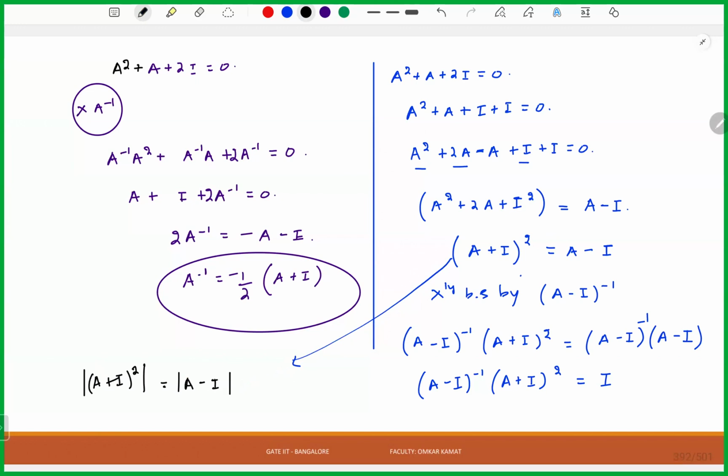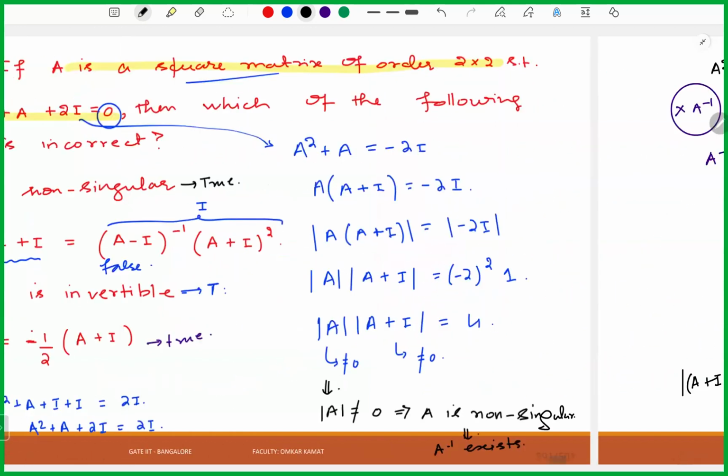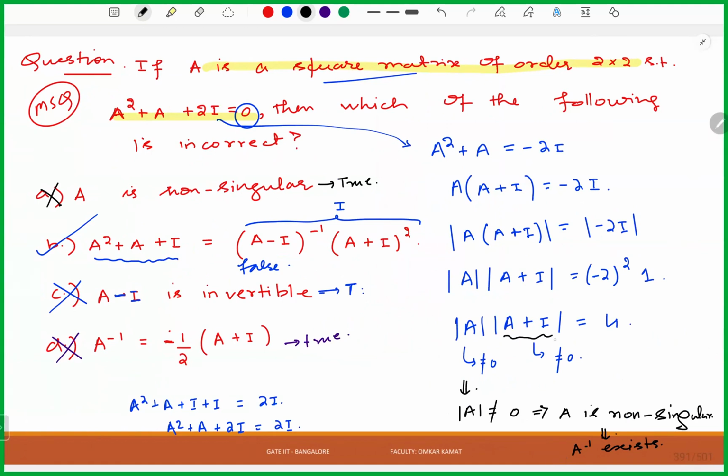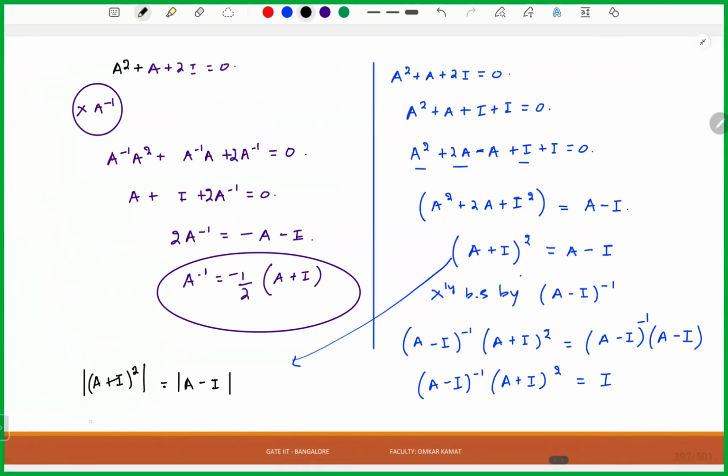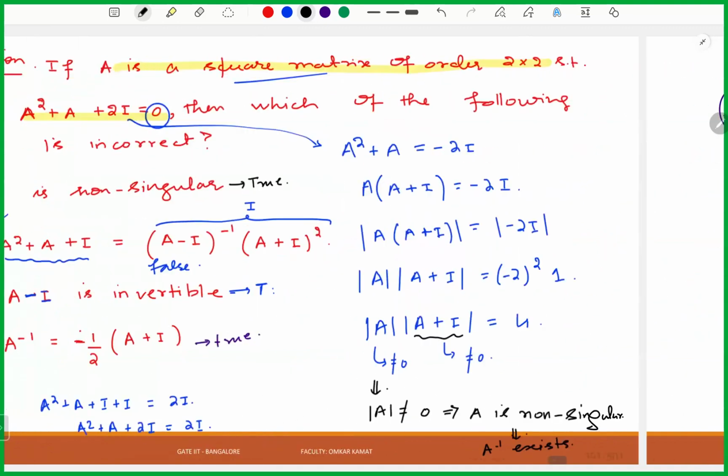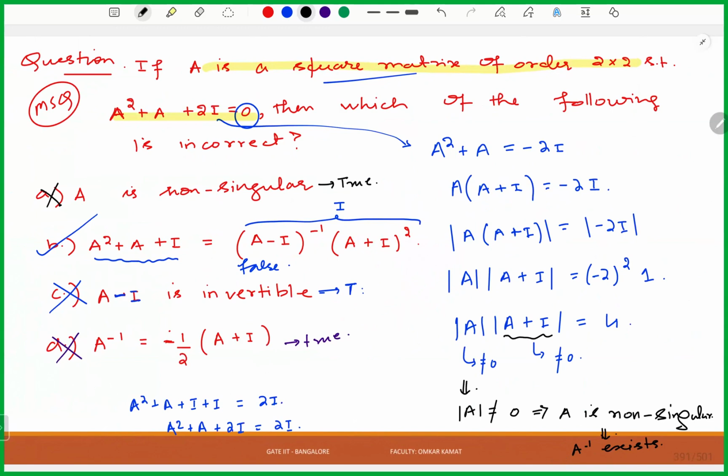Now determinant of (A plus I) whole square, is it equal to 0 or not equal to 0? Just now we had told over here, see, determinant of A plus I, we told not equal to 0. So determinant of (A plus I) whole square is equal to determinant of A minus I. Now whatever this is there, this is not equal to 0. Correct? This determinant. Fine. So whole square is also not equal to 0. So from here we can confirm that this is invertible. If this is invertible, then for sure this is true. Okay. Next question.